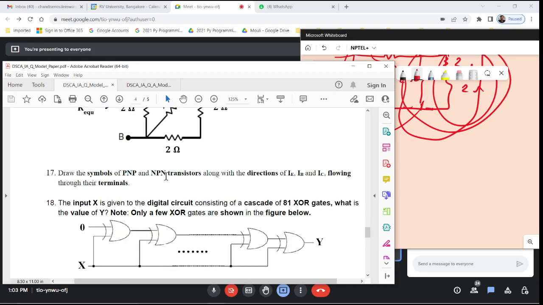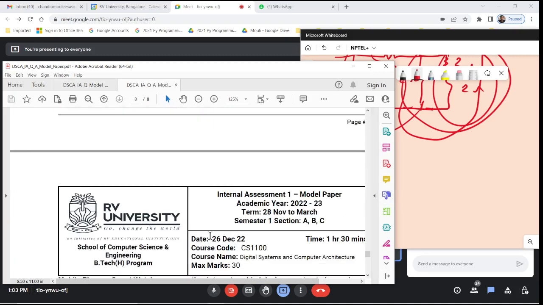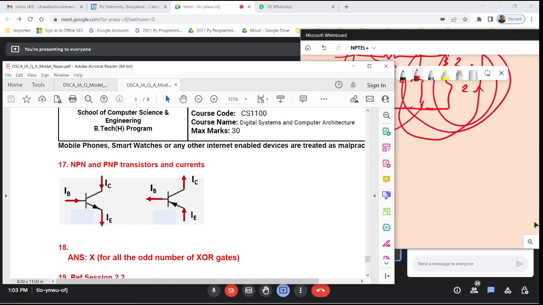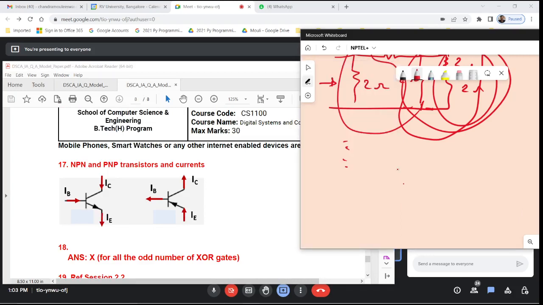Okay, now what about the PNP and NPN transistor? Very simple, it's already given. Remember the equation that you need to have in your mind. Always remember the emitter current is more, because that's the source for the transistor.